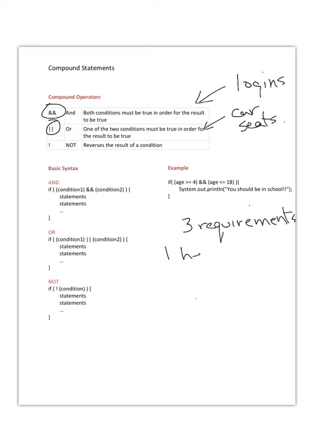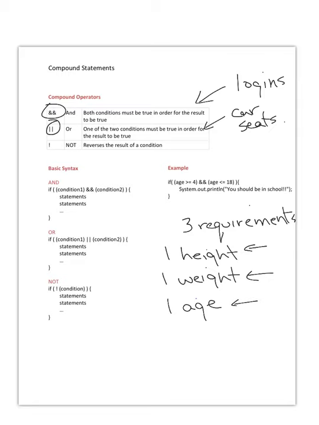One is their height, one is their weight, and another one is their age. So if they meet the height requirement, then they can go out of a car seat. Or if their weight gets up above a certain weight, then they can be out of it. And then the last thing is age. If they reach a certain age, they are also exempt from being in a car seat.